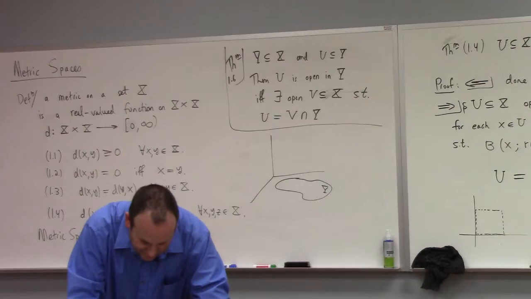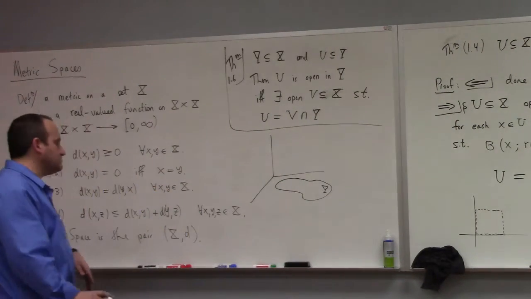He says the metric d prime from Y cross Y to R is the restriction to Y cross Y of the metric d. Yeah, okay. That's fine.